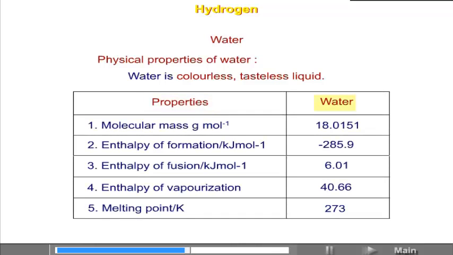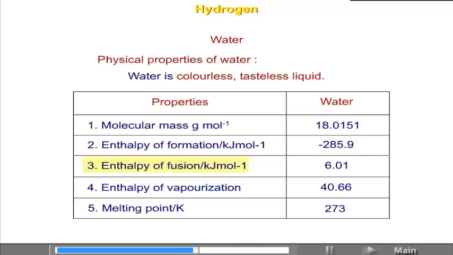Properties of water. First one, molecular mass in grams per mole, that is 18.0151. Enthalpy of formation in kilojoule per mole is minus 285.9.